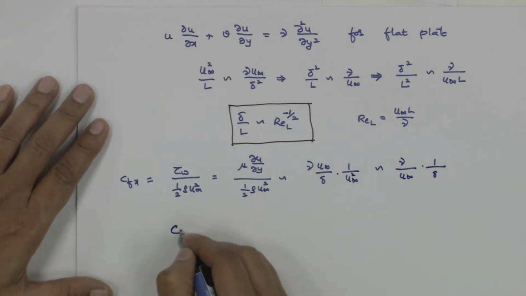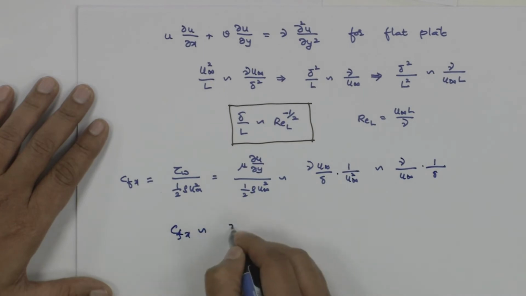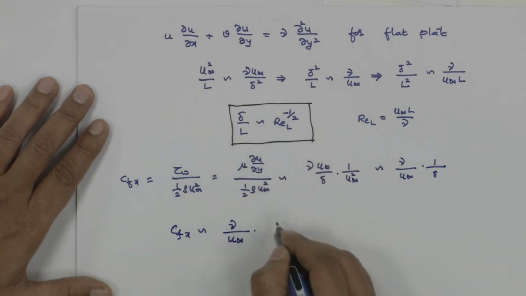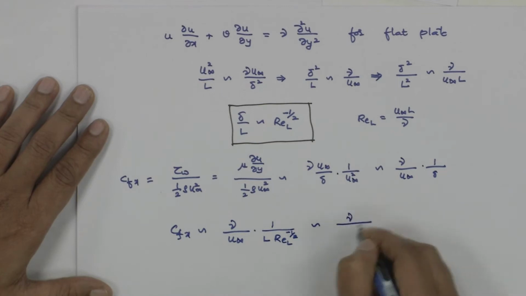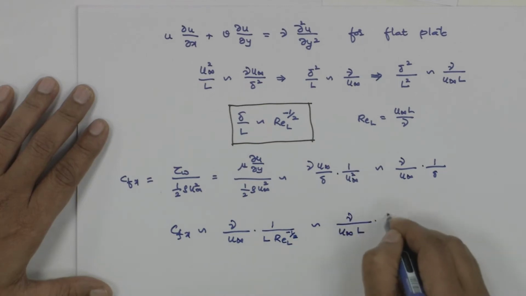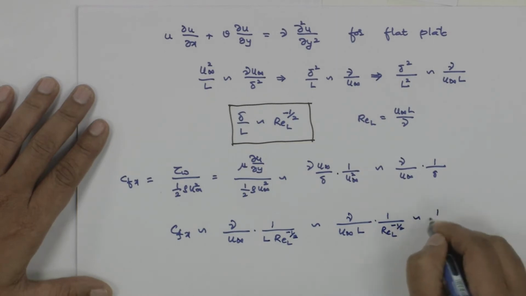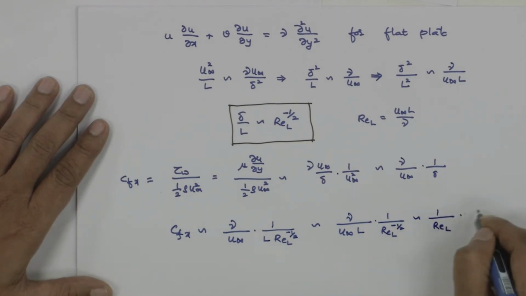So C_f of x is of the order of nu upon u infinity into 1 by delta. What is delta? L Re_L to the power of minus half. That is nu upon u infinity L upon Re_L to the power of minus half, that is 1 upon Re_L into 1 upon Re_L to the power of minus half.